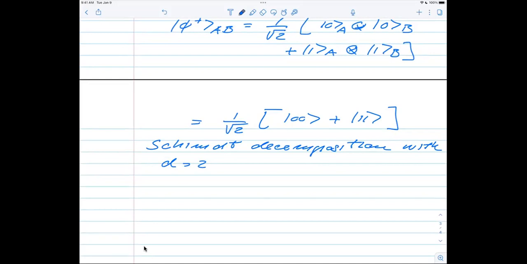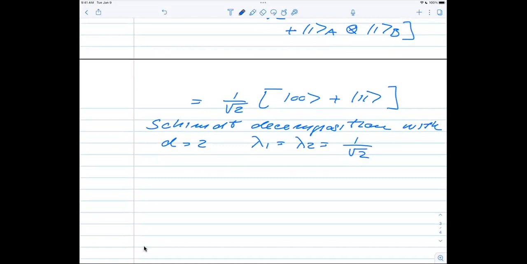We have two components, which we called lambda 1 and lambda 2 last time, which are just given by 1 over square root of 2. To remind you, we can write a state using the singular value decomposition as the sum of lambda i times i, i.